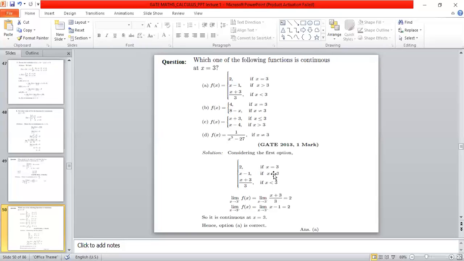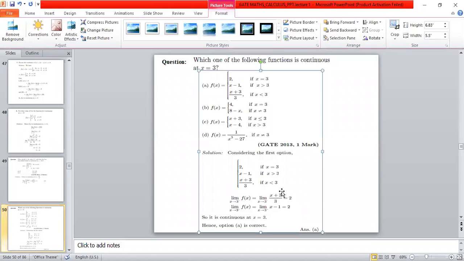If we put 3 in the second piece, 3 minus 1, that is 2. And if we put 3 in the third piece, 3 plus 3 is 6 by 3, that is 2. So the left hand limit is also 2, and the right hand limit is also 2.